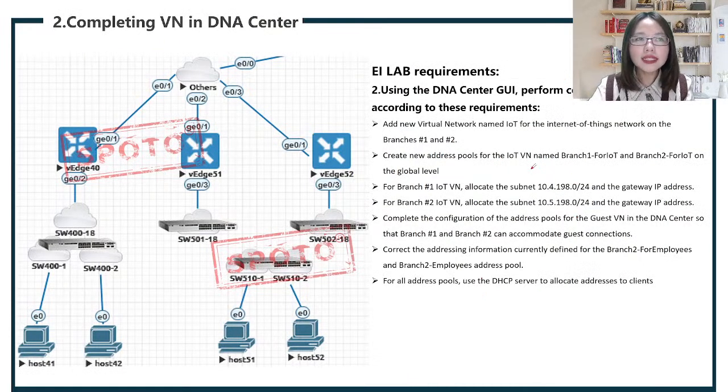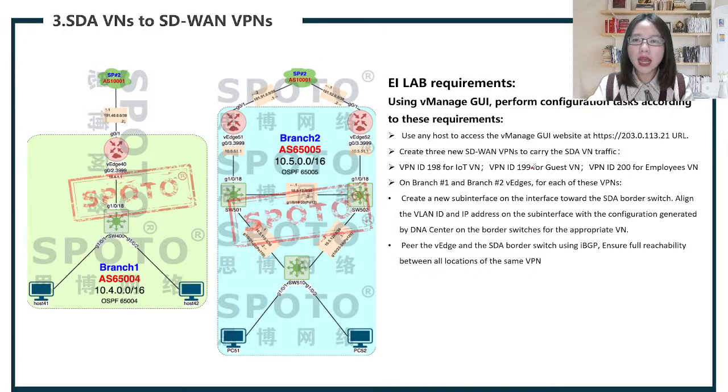Okay, so the second part is about completing the VN in DNA Center. First, you need to add the new virtual network for the internet.